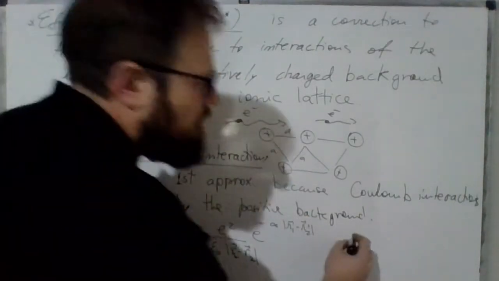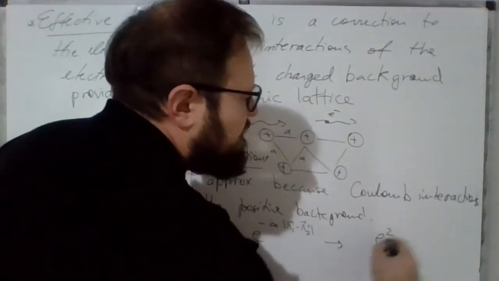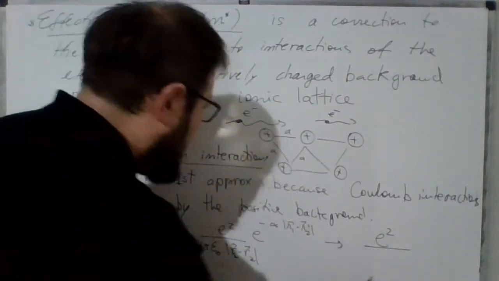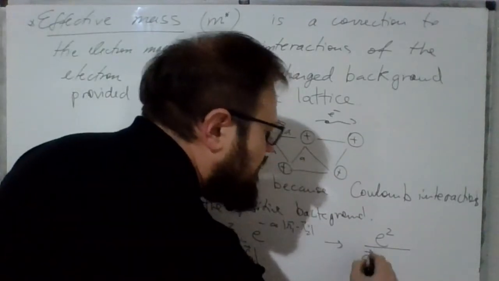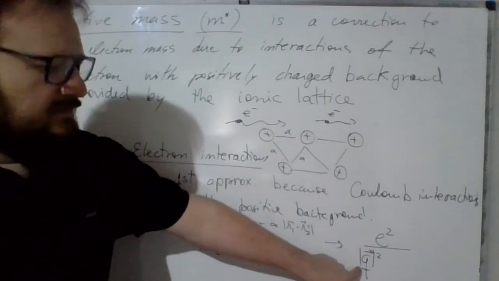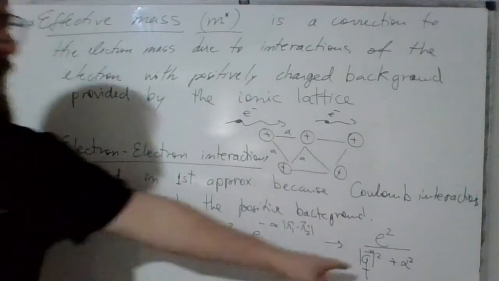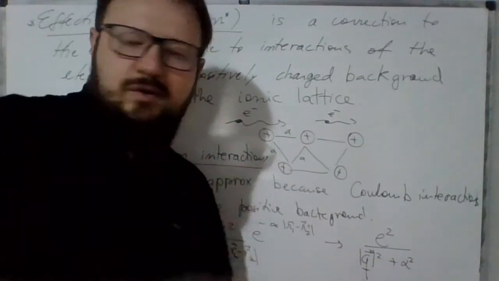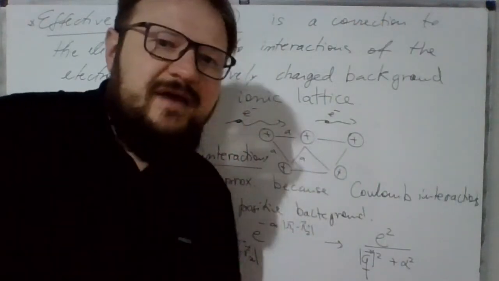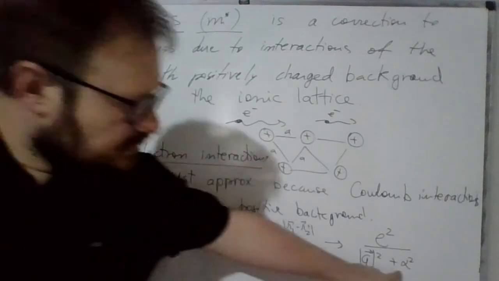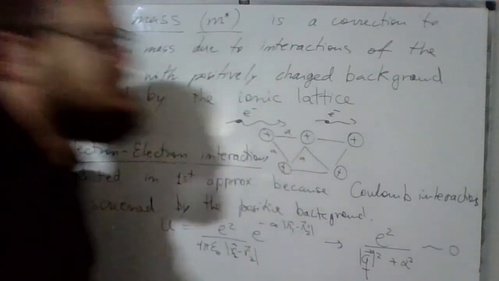Just remember that the Coulomb interaction in momentum space will be on the order of the charge squared divided by the momentum transfer between the electrons, which we represent by the modulus of some vector k squared, plus alpha squared. And this alpha is large. The Coulomb interactions fall off very quickly. So this alpha is huge, and this interaction is tending to zero.